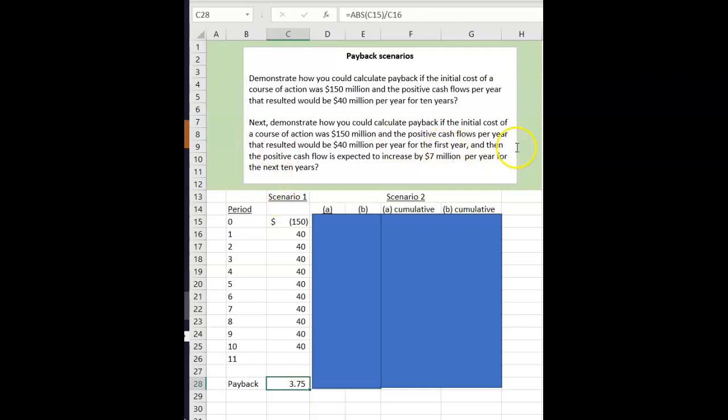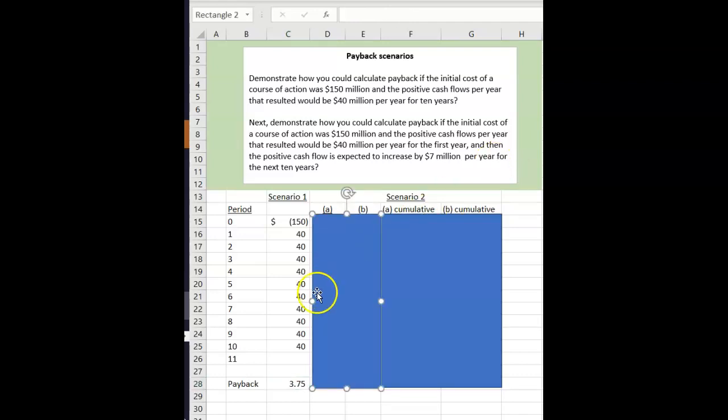Okay, now to the left of my mouse. Next, demonstrate how you could calculate payback if the initial cash flow was 150 million, so the same amount, and the positive cash flows per year that resulted would be 40 million for the first year, and then the positive cash flow is expected to increase by 7 million per year for the next 10 years.